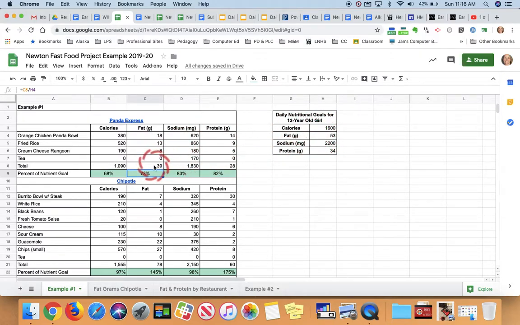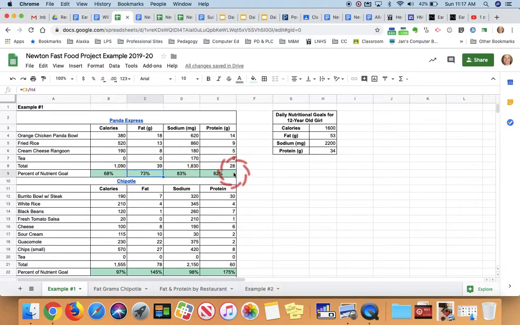So my cell for 39 is C8. So my formula looks like this, equal sign C8 slash H4 for my total fat grams. Okay? And then of course you have to use the percent key to format that and then decrease any decimal places that show up. You should have no decimal places.